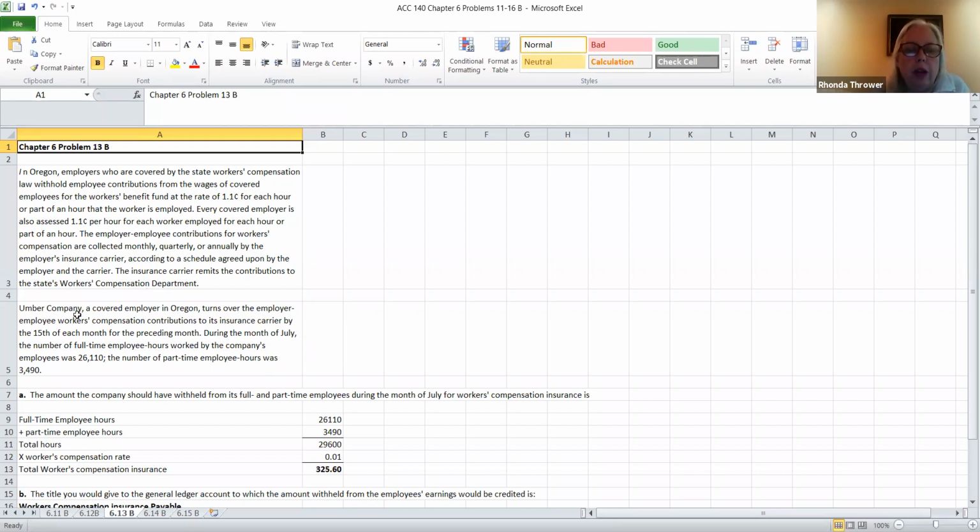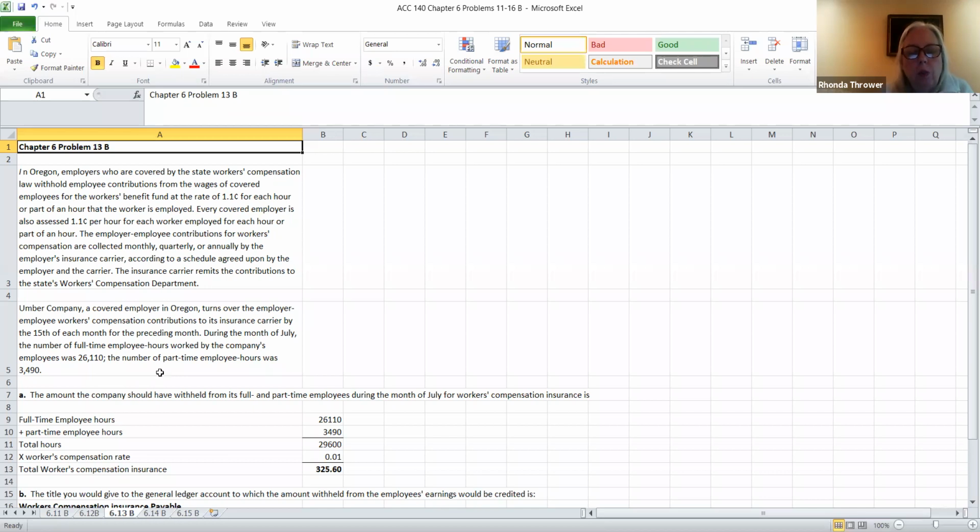We're going to be the Umber Company, a covered employer in Oregon, and we turn over the employer/employees workers' compensation to its insurance carrier by the 15th of each month for the preceding month. During the month of July, the number of full-time employee hours worked by the company's employees was 26,110.